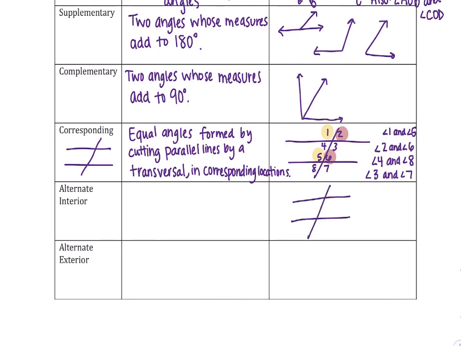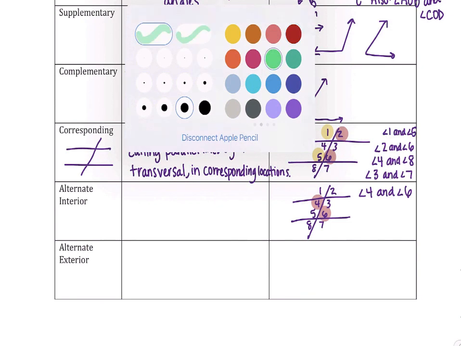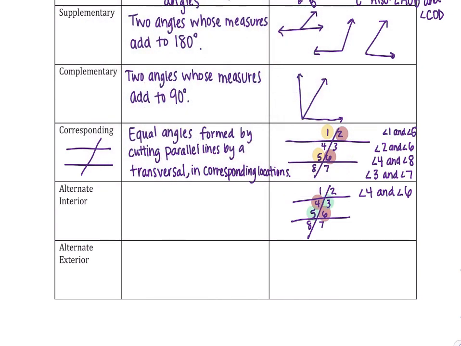So what that will look like is if we have these same angles labeled, angles 4 and 6 would be alternate interior because they are inside the parallel lines but on opposite sides of the transversal. And then 5 and 3 will be alternate interior.